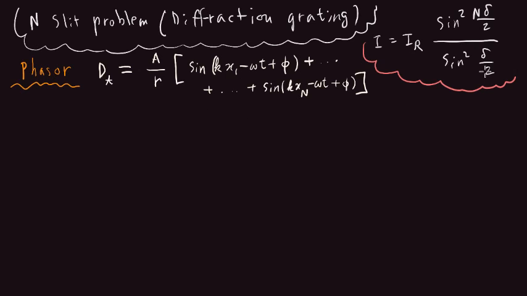I already mentioned that an easy way to accomplish that is to use complex numbers. So let me write down a very, very important mathematical formula, which is exponential i theta equals cosine theta plus i sine theta.